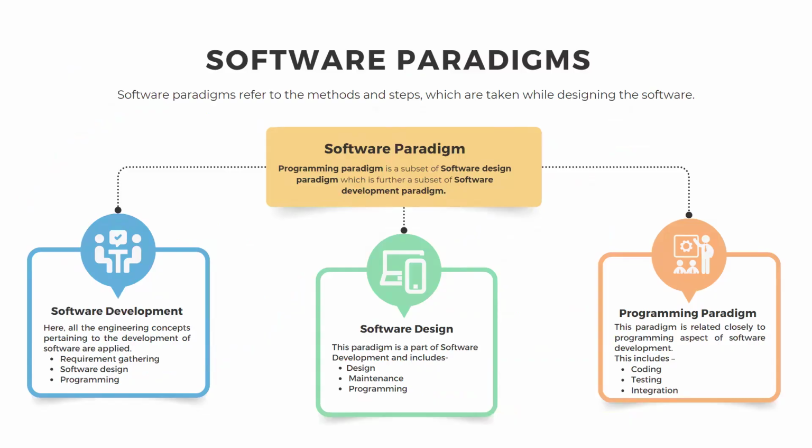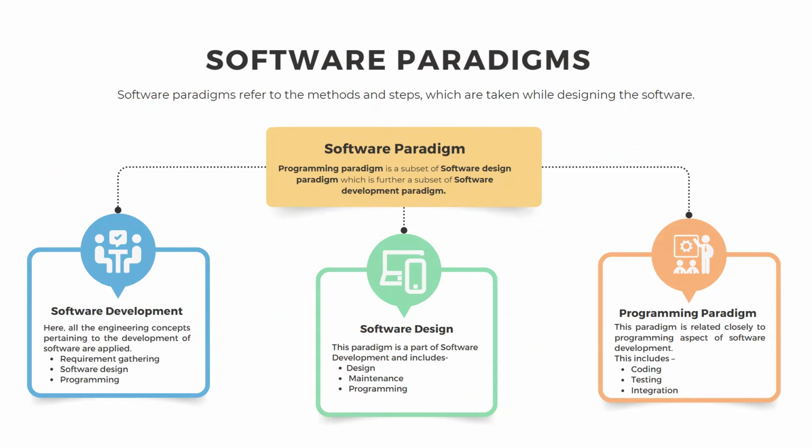Now let us look into the software paradigms. So what does software paradigms mean? Software paradigms actually define the approach taken during the designing part of the software and the development. It can be categorized into three parts.